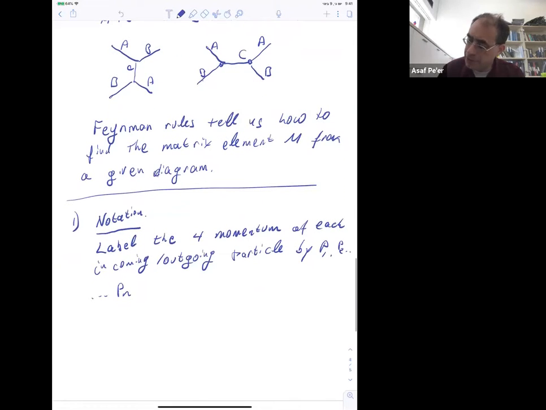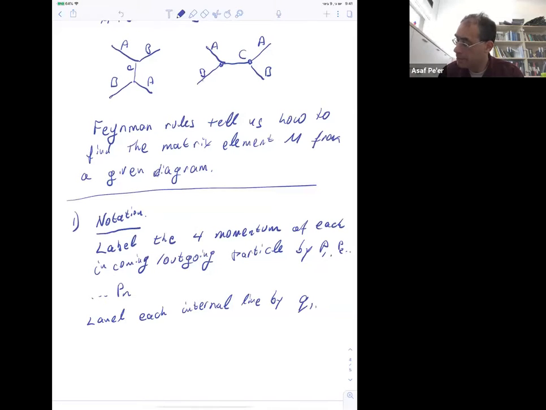We label each internal line by Q: Q1, Q2, whatever. Don't skip these parts, because otherwise they'll save you a lot of confusion. Then we put an arrow beside each line.